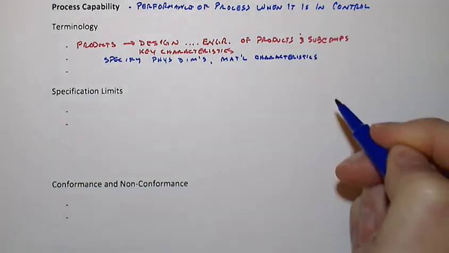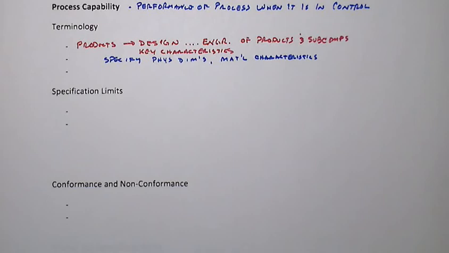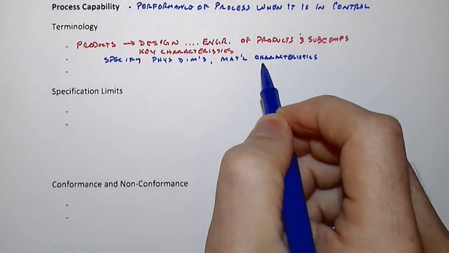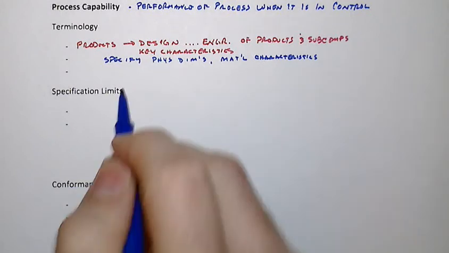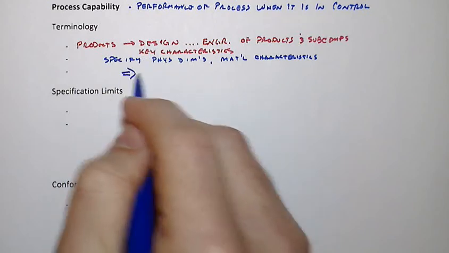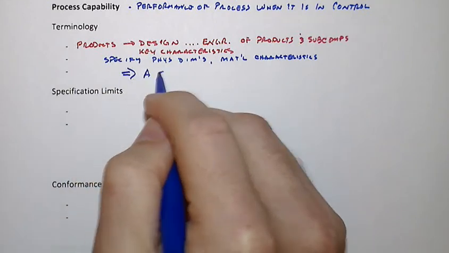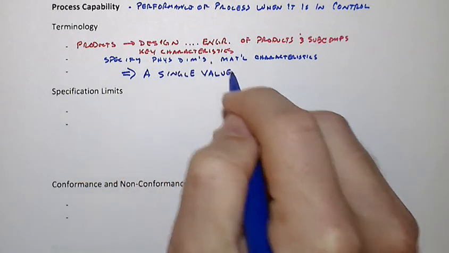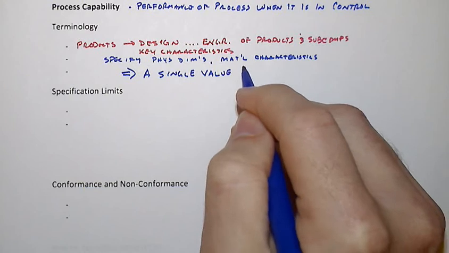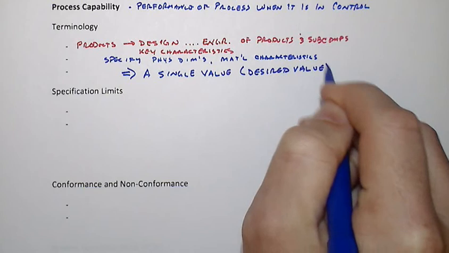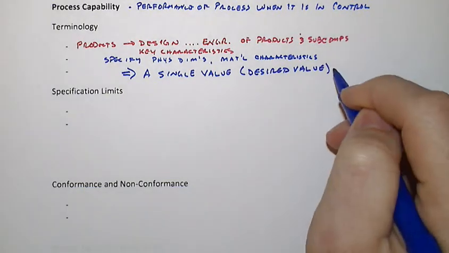That might be density, as well as those sorts of characteristics, as well as yield strength, tensile strength, compressive strength, maybe fatigue properties, that sort of thing. And when we specify these things, then we ultimately oftentimes end up producing a single value that corresponds to a desired level, right? So a desired value, as opposed to thinking about what limits there might be, but a desired level.